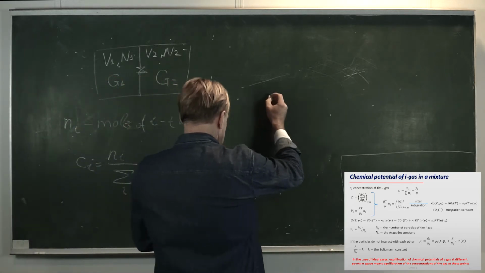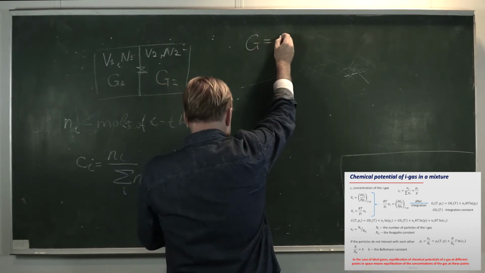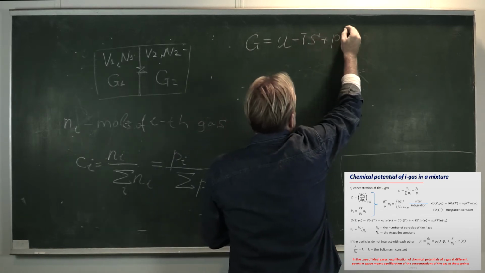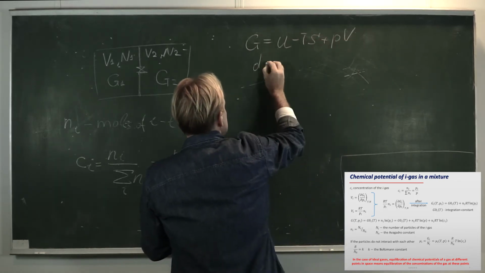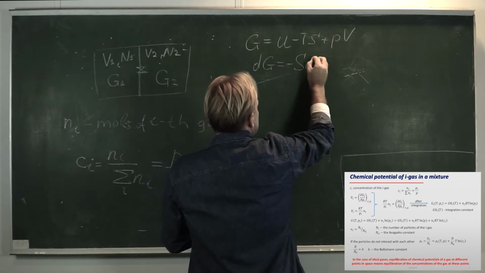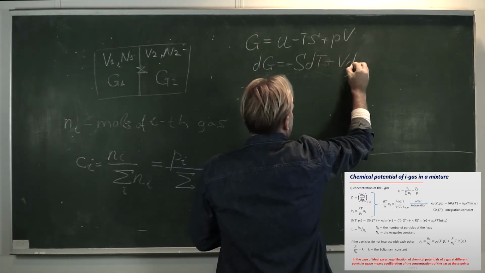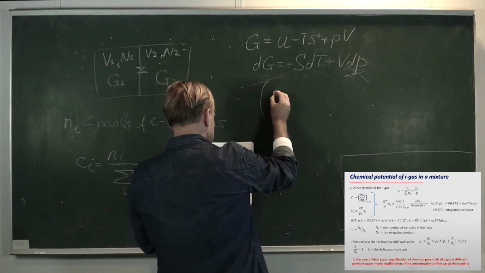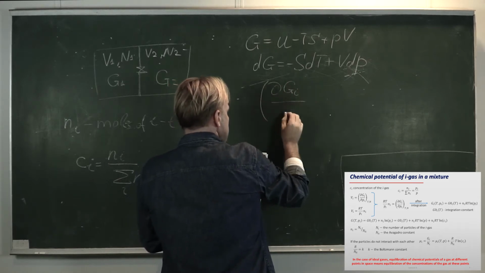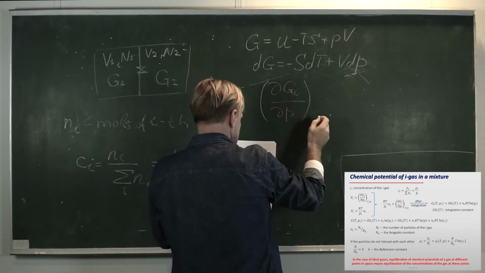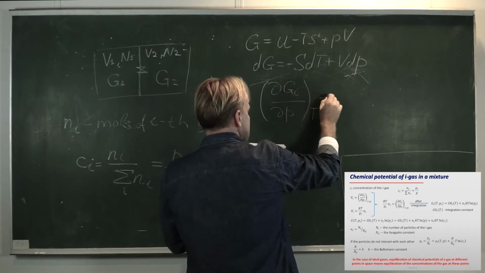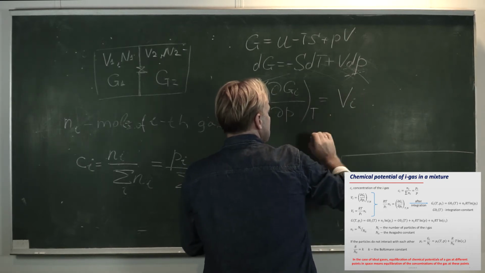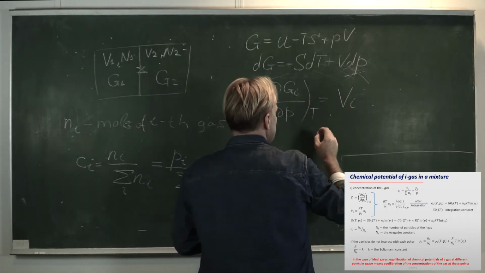Then, from the definition of the Gibbs function and the differential of this thermodynamic potential, you can see that the Gibbs function for the ideal gas i is such that if you take its derivative with respect to pressure, you will get the volume of this gas.